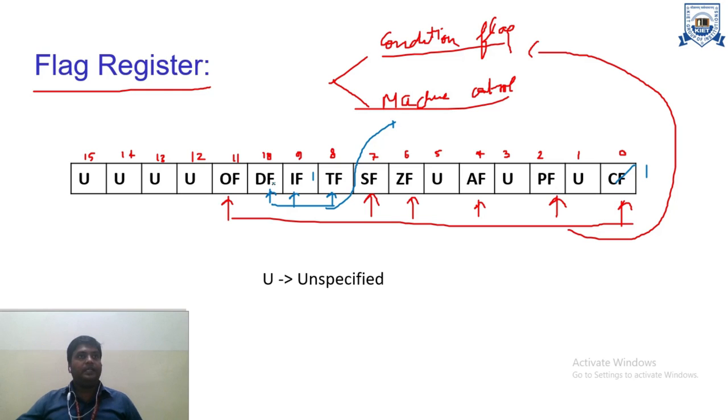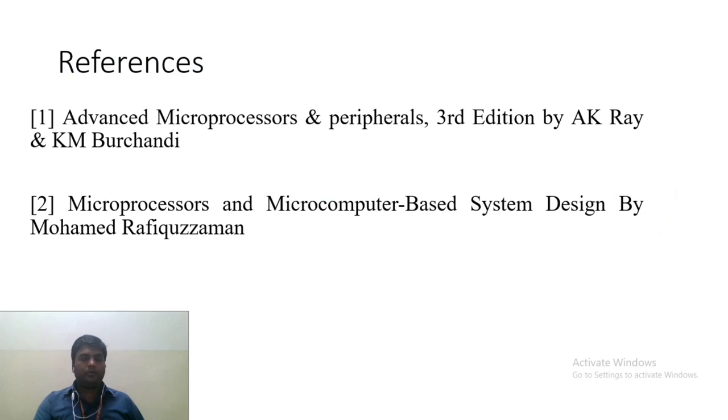And if we are using auto-decrement mode, that means we are reading the characters from the higher address to the lower address, then the value of the direction flag is 0. So that is your flag register information in 8086.